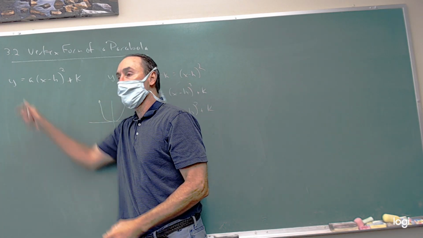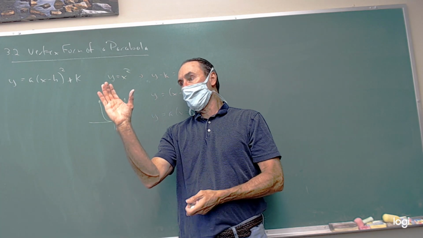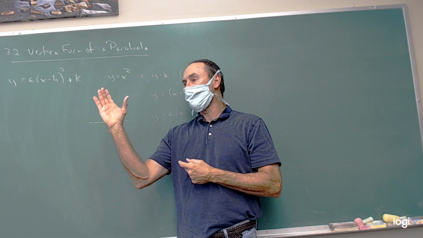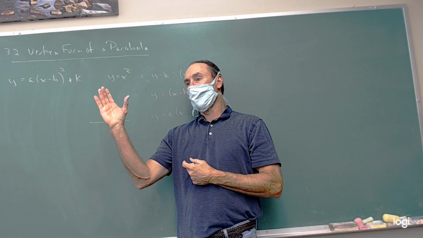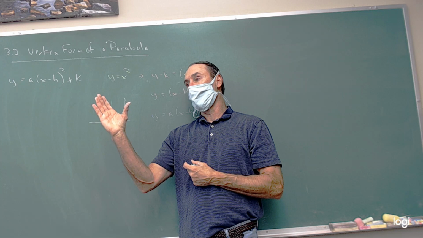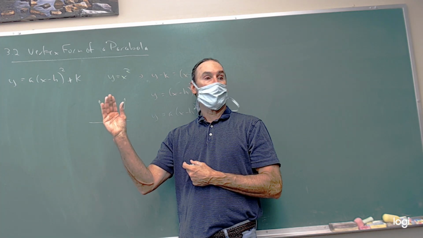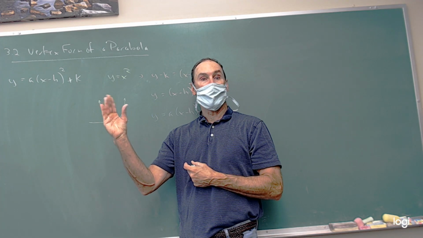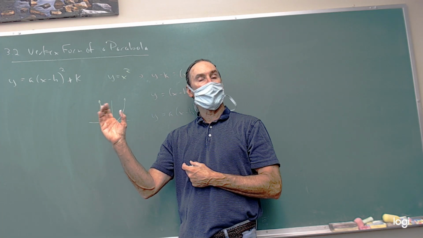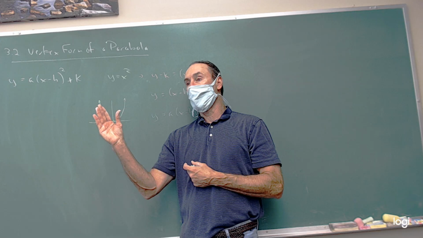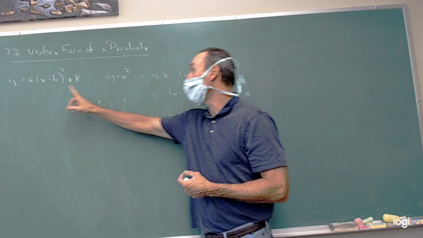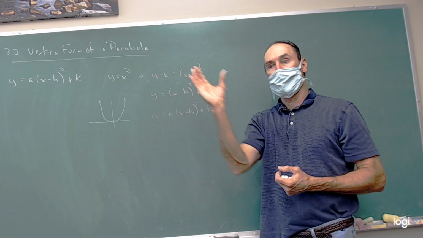And then the a is going to decide, since you hopefully have a picture in your head of a basic x squared parabola, if the a is bigger, it's going to narrow it, which can be thought of as either a vertical stretch or a horizontal shrink. It has the same effect. And if a is less than 1, it's going to be wider or flatter or fatter, however you call that, compared to y equals x squared. Okay, so the a determines the shape, and the h and the k place where the vertex is.